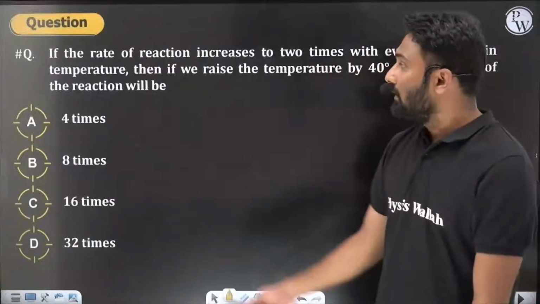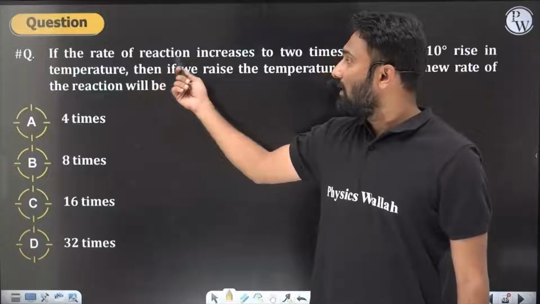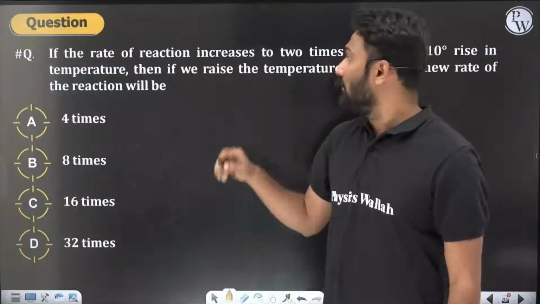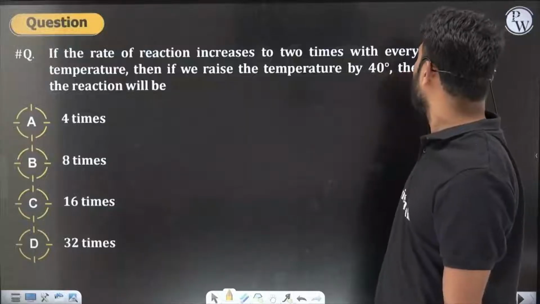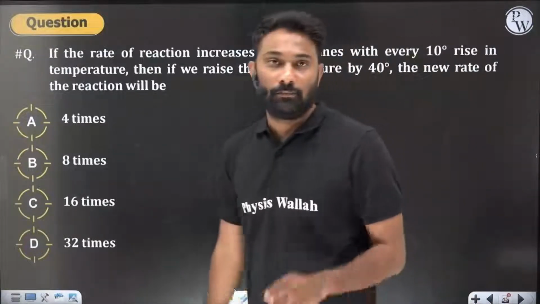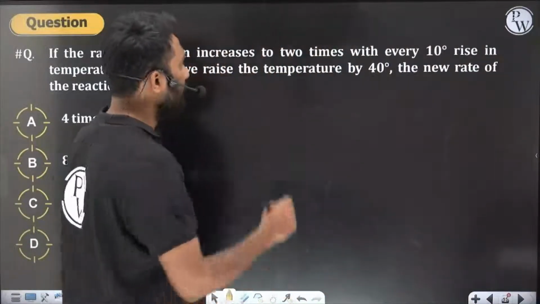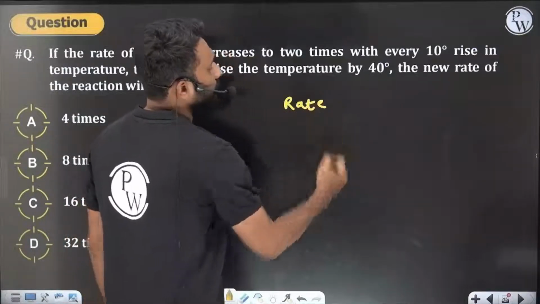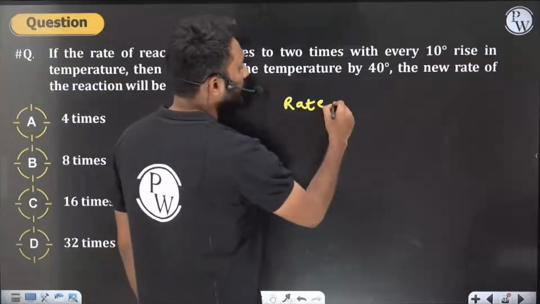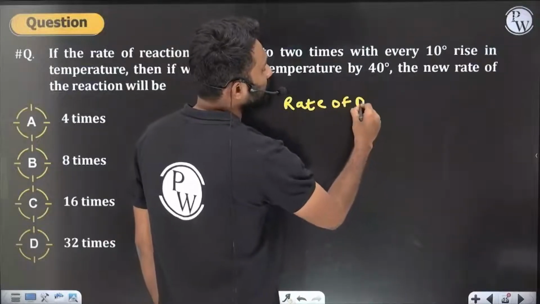Next question. If the rate of reaction increases 2 times for every 10 degree raise in temperature. Now what is it saying?